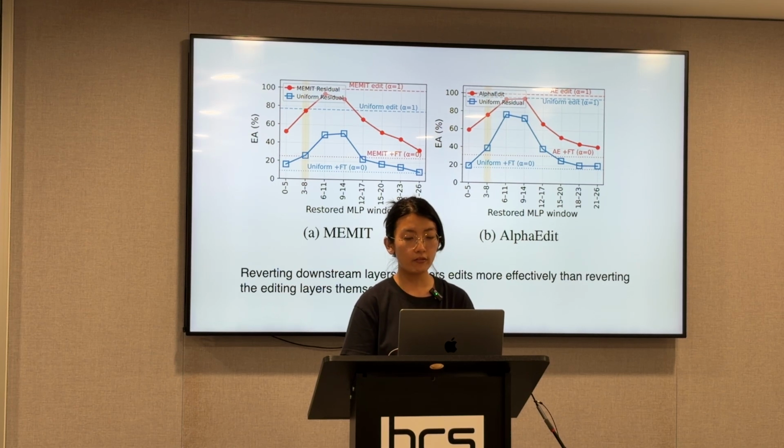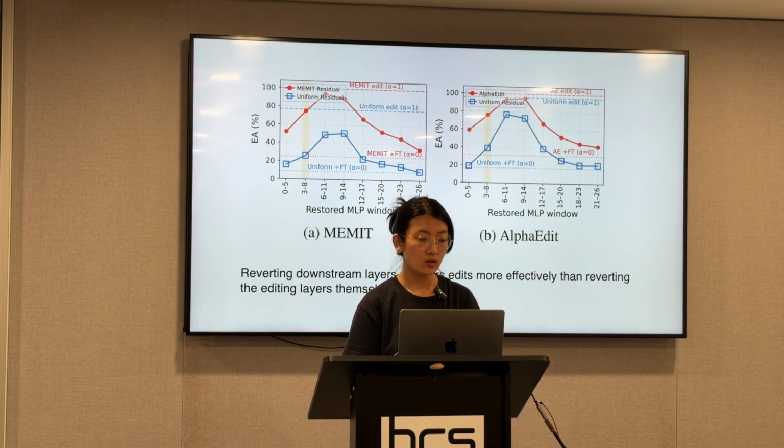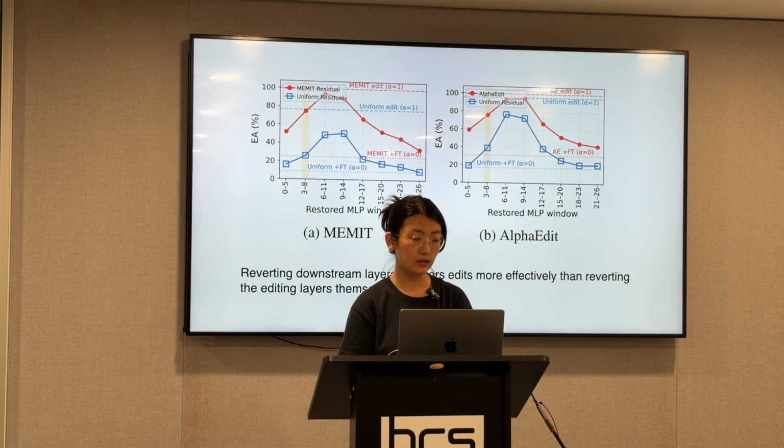Instead, restoring the layers immediately downstream of the edit region achieves substantially better results. We can see the peaks are at layers 6 to 11 and layers 8 to 14, but actually we only edited layers 3 to 8. So I think this is the most interesting part of this work.